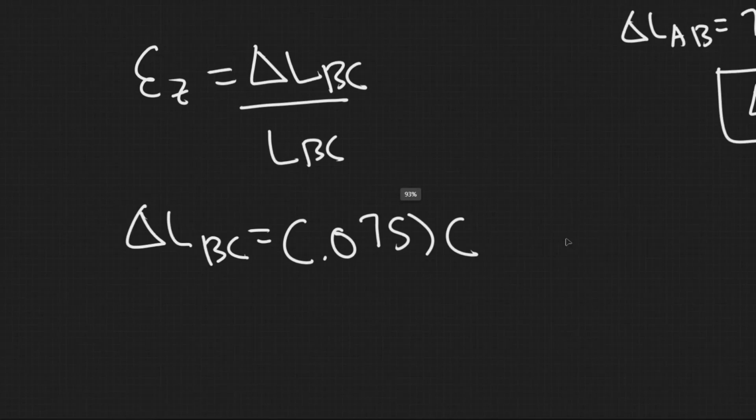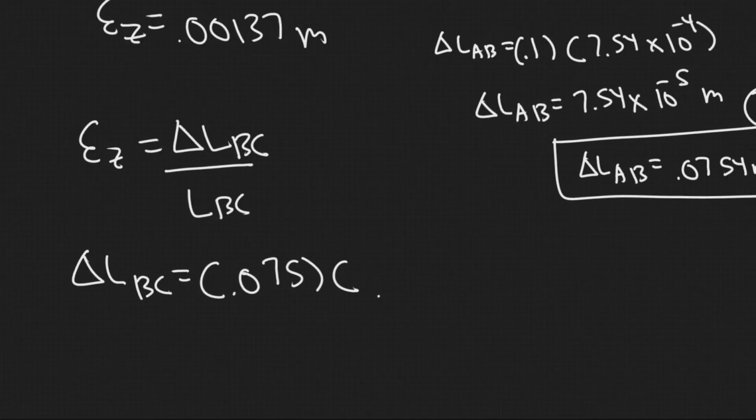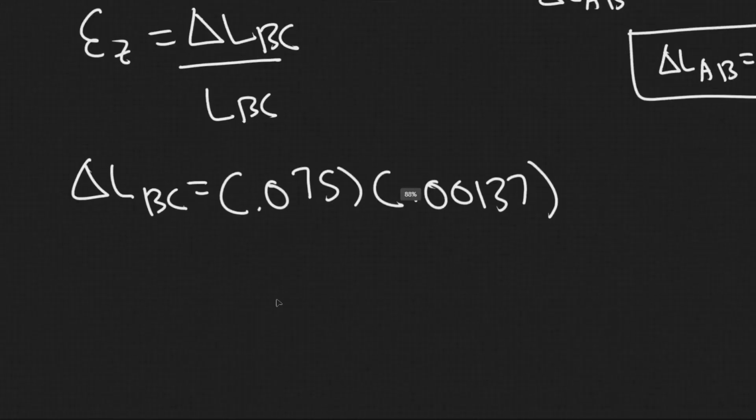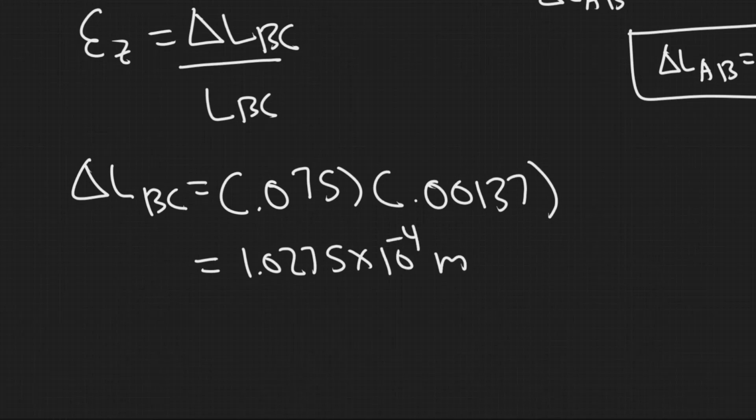Multiplied by our strain in the z is 0.00137. And when you do that, you're going to get a value equal to 1.0275 times 10 to the minus 4 meters.